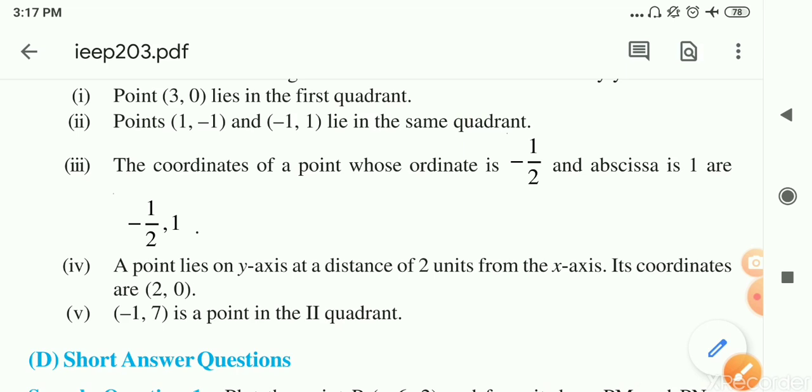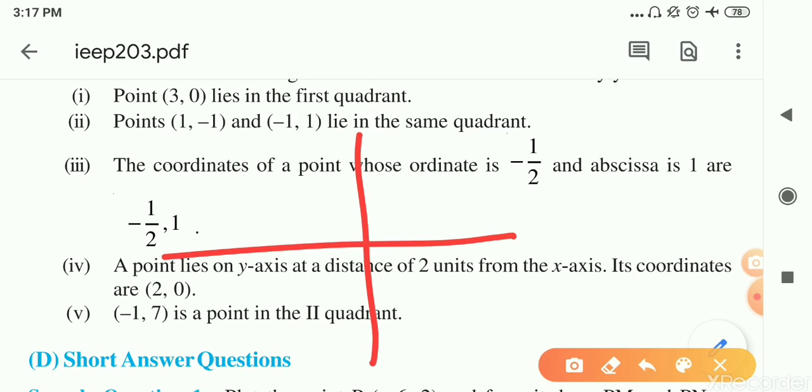Here we have: the points (1, -1) and (-1, 1) lie in the same quadrant. So let us check first. Let us draw the quadrants. On the basis of their signs, we are going to find out in which quadrant the given points lie.